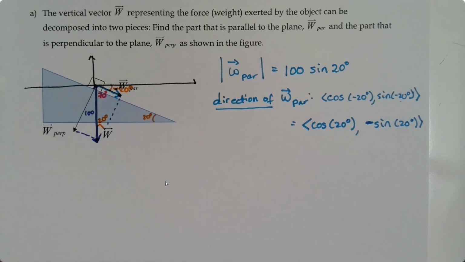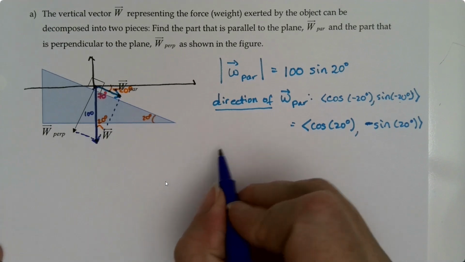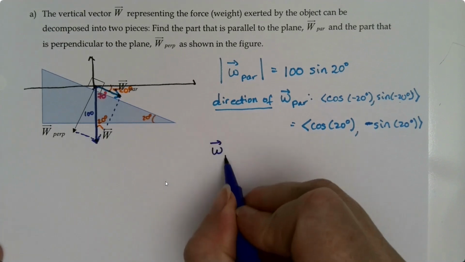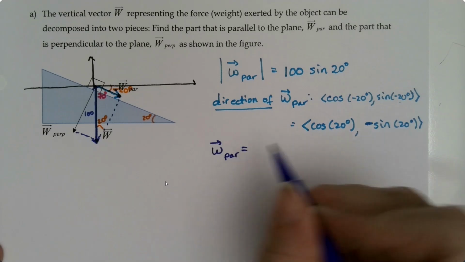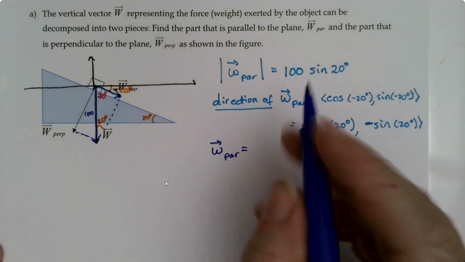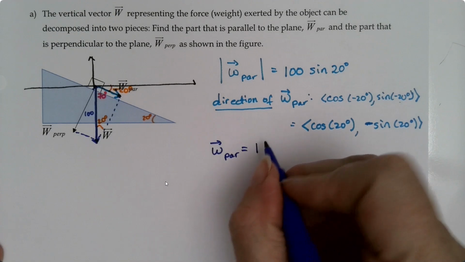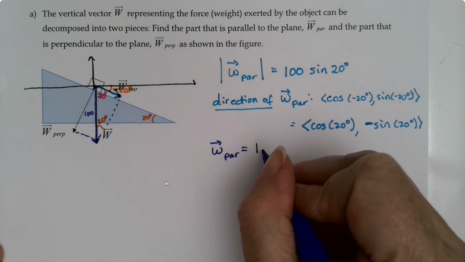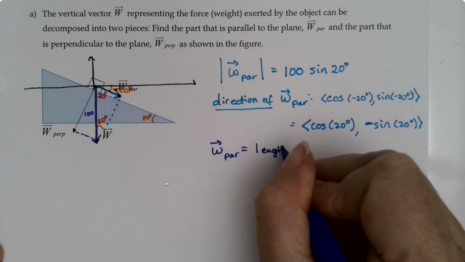Putting these two pieces together, the W parallel is equal to the size of the vector, the length, if you will, times the direction.